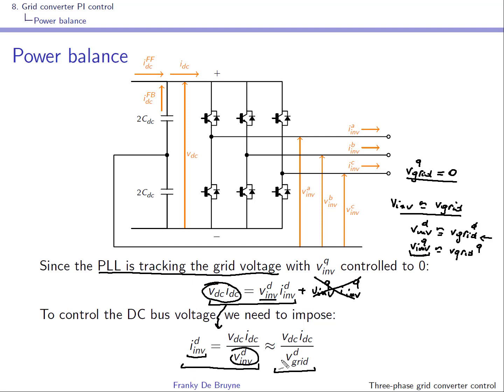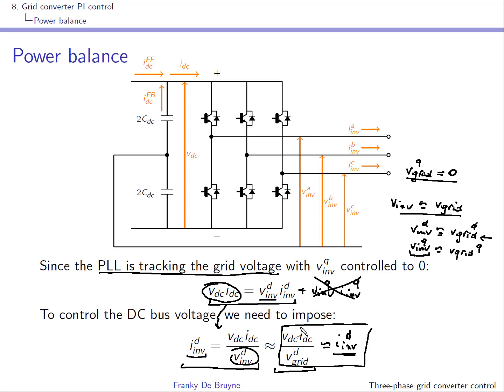So we can use this equation here, with E inf D, this one over here, to transform our DC set point into a set point for the inverter current.